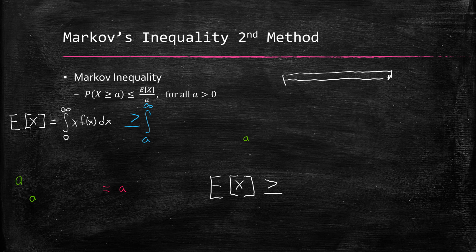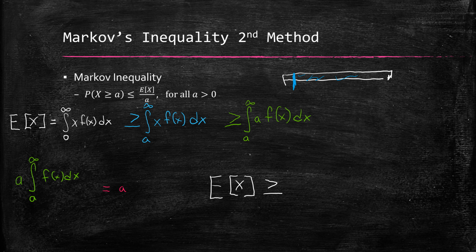Now we've got some constant a, and the expectation is greater than or equal to the integration from a to infinity of x times that density function. In this instance, we can also treat a as a constant, so we can integrate from a to infinity of a times that function.